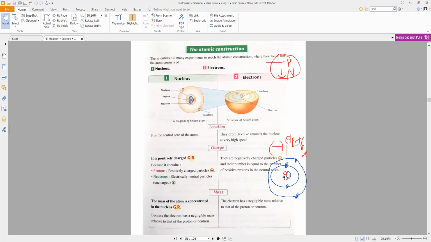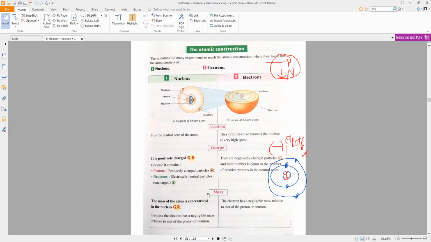Okay, so what is the mass of the atom? The mass of the atom is concentrated in the nucleus, because the mass of the electron is very small relative to the mass of the protons and neutrons.